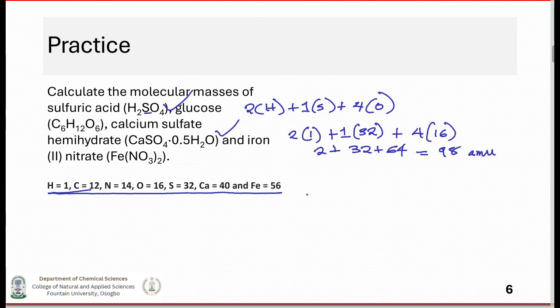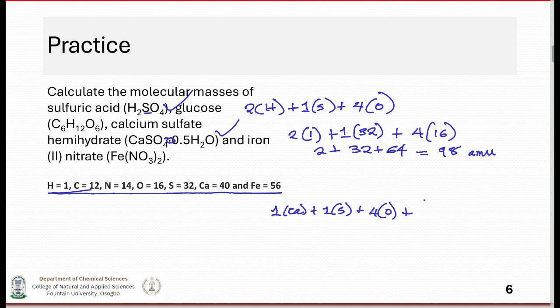For calcium sulfate hemihydrate, the same way, we have 1 atom of calcium, Ca, plus 1 sulfur atom, S, plus 4 oxygen atoms, O4. And then this dot that you see here is also plus 0.5 water.